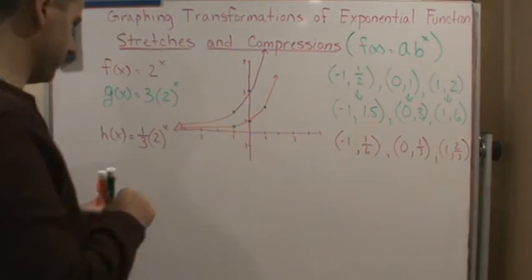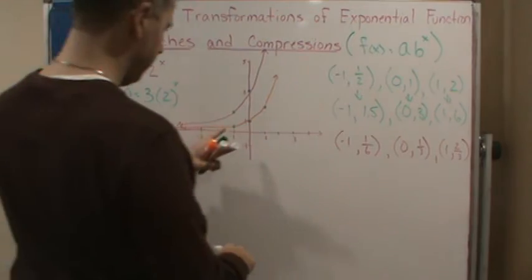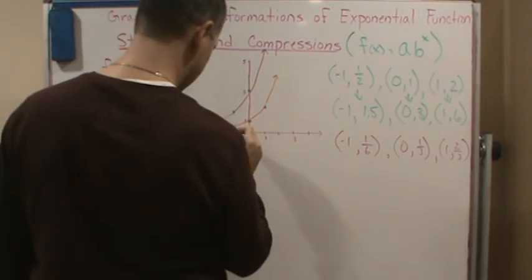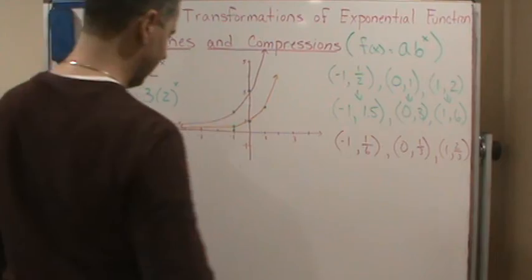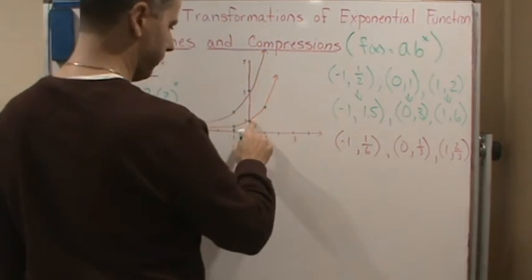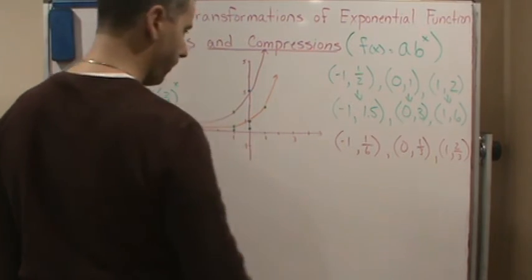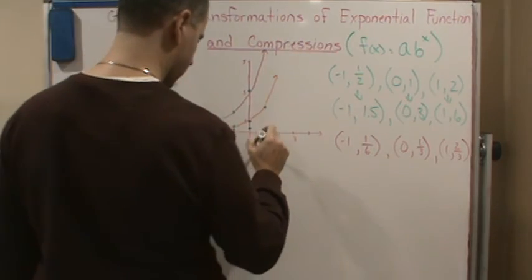So now what happens? Well, this point is going from 1/2 to 1/6, so that's going way down here, closer to the x-axis. This is going to 1/3, so this is going from 1 to 1/3. And this is going from 2 to 2/3.